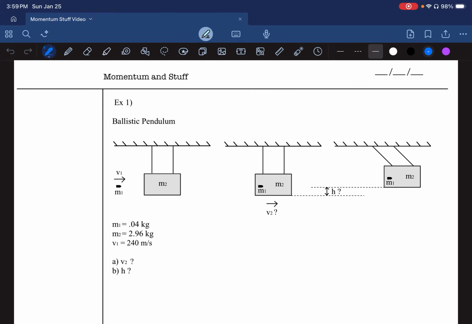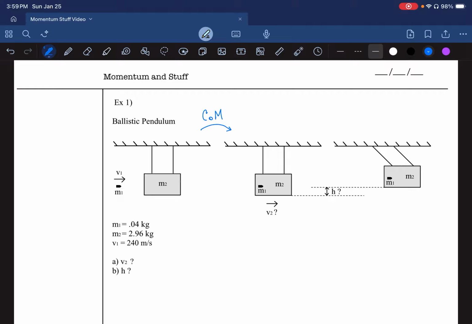And what we should do is figure out what topics we use to solve this. What models do we use to figure out the velocity v2 and the height change? So anytime you have a collision, so here the bullet and the block, you should think momentum, the conservation of momentum.